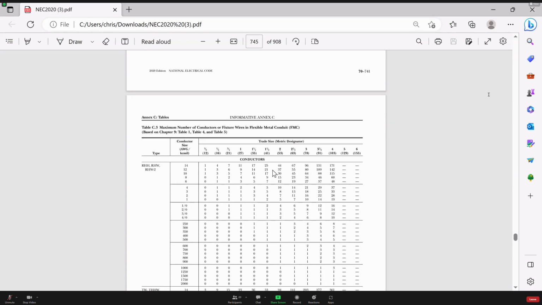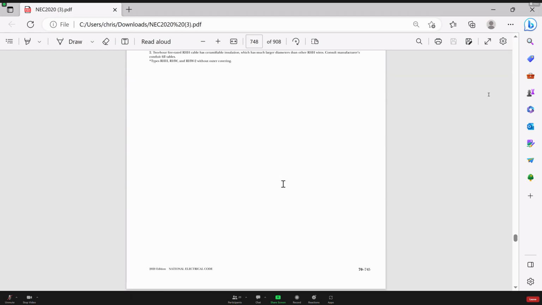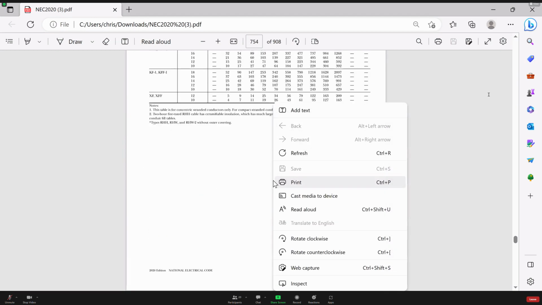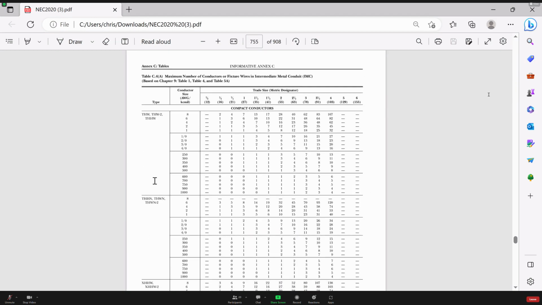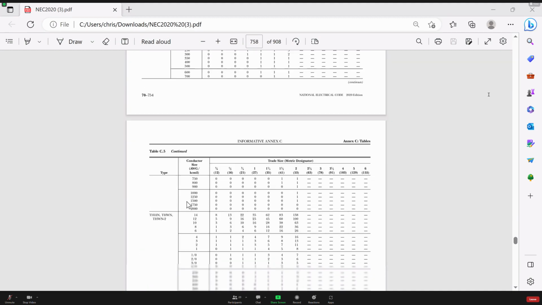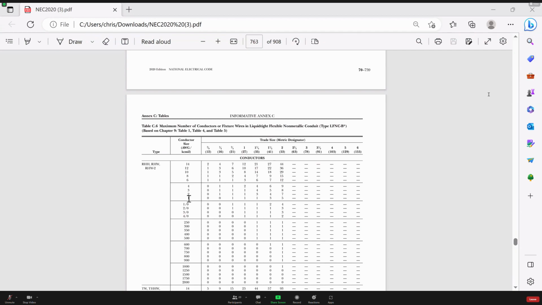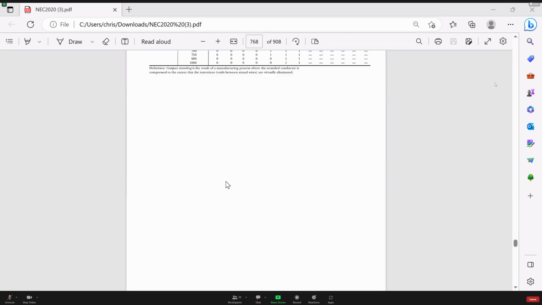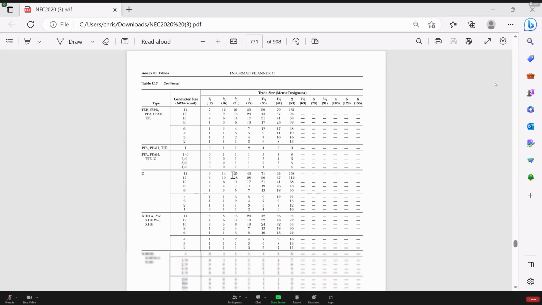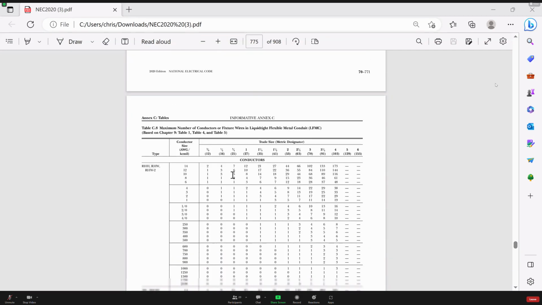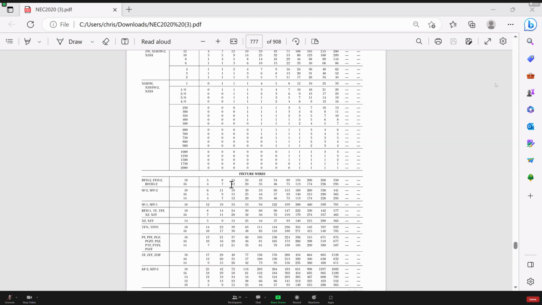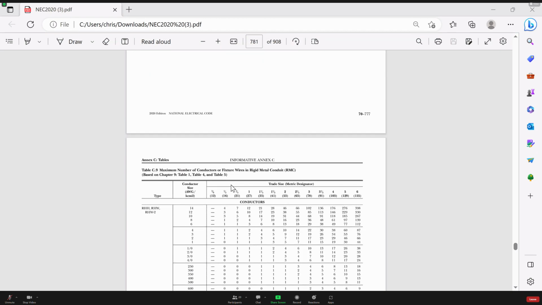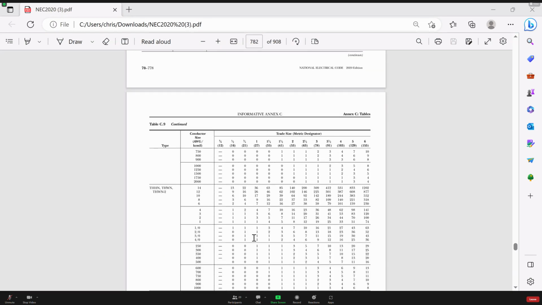All right, and if we're looking for PVC, I believe it is C9 or C10, somewhere down there. 9 is RMC. Oh, it's C13.